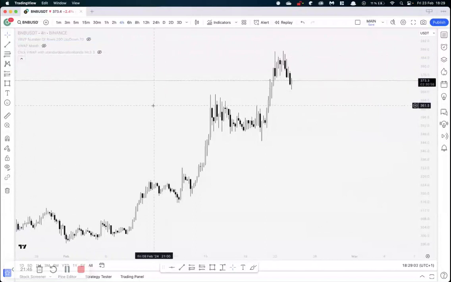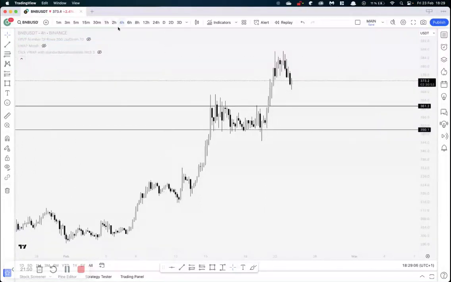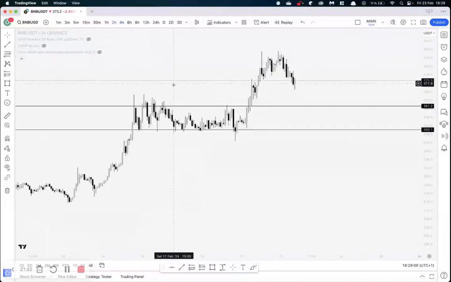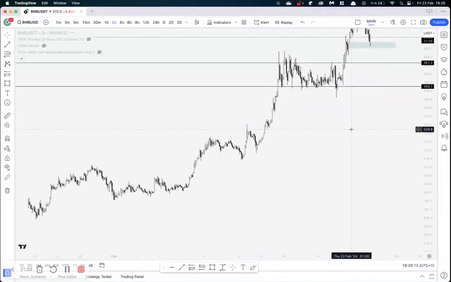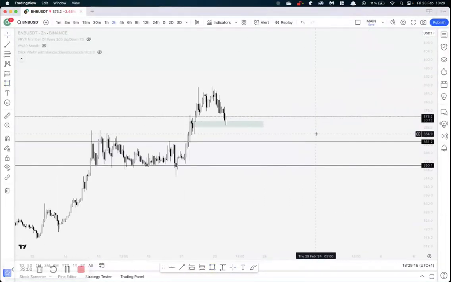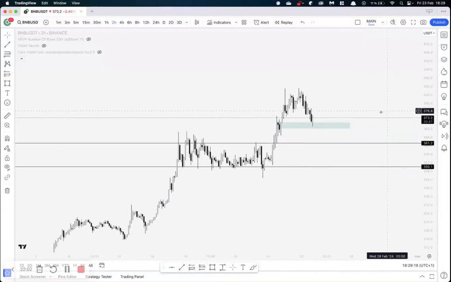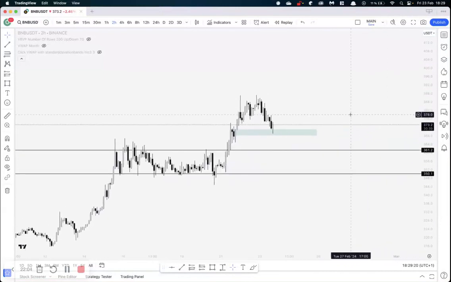So we have a clear support resistance level there. We have one down here. We have a demand block around here. Yeah, that's it for now.